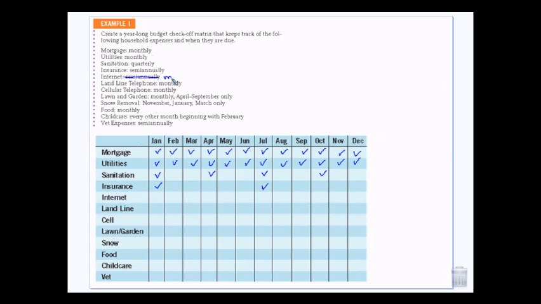No. That's monthly. Everybody knows that. Is there anybody that doesn't have an internet bill that's due every month that they know of? So I'm just going to make it more realistic. It's monthly. Landline monthly. Cell phone monthly.